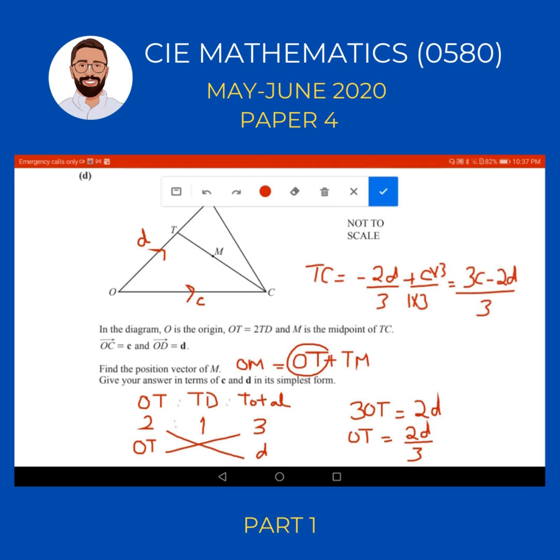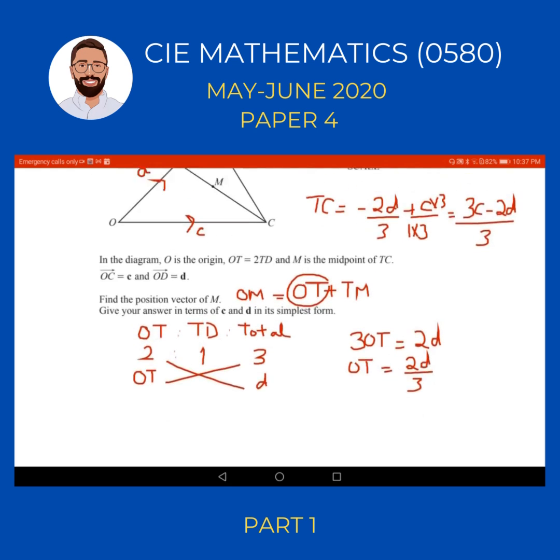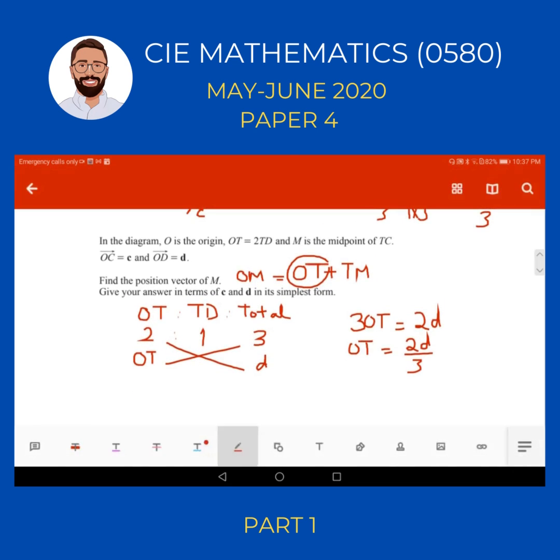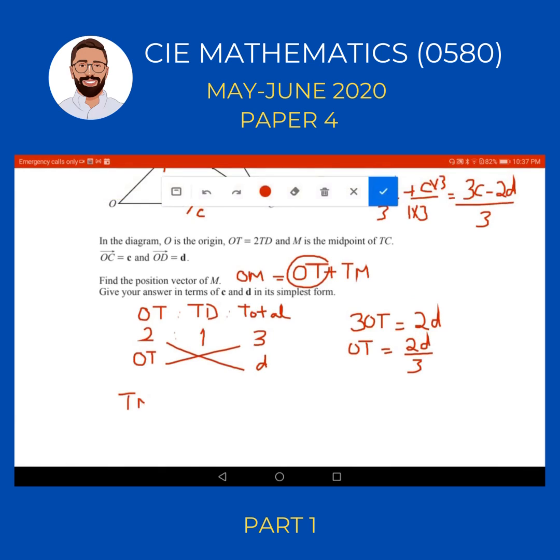So TC is actually (3C minus 2D) divided by 3. So that's TC. Now to find TM, since M is the midpoint, as I said, TM is half TC. So I need to multiply TC, which is (3C minus 2D) over 3, times half, which is equal to (3C minus 2D) over 6.